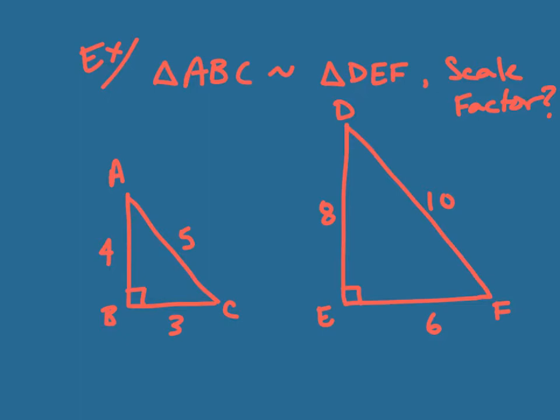Okay, so in this picture here, I have this statement here that says triangle ABC is similar, okay, just this symbol here means that they're similar to triangle DEF.